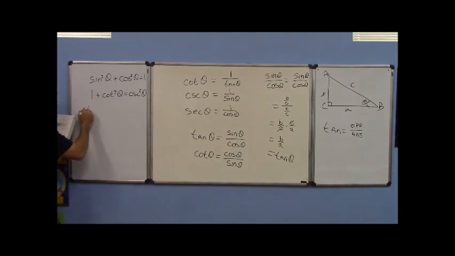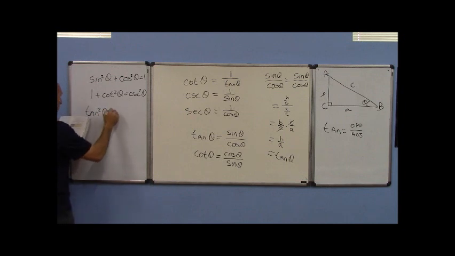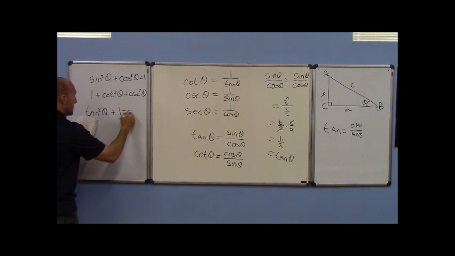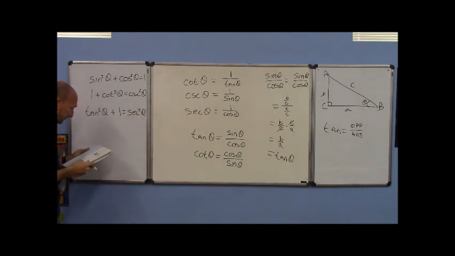And then finally, tangent squared theta plus 1 equals secant squared of theta. So, have those written down as well. All right, they will be very, very useful.